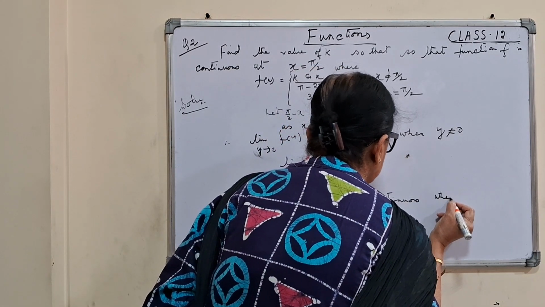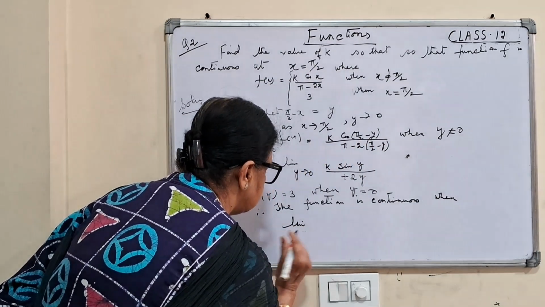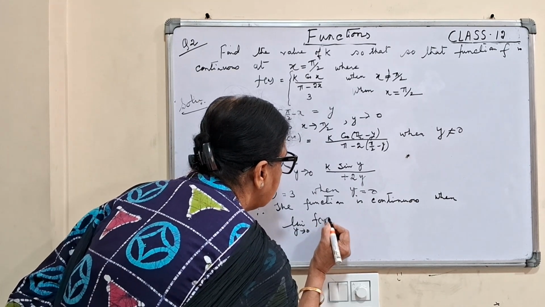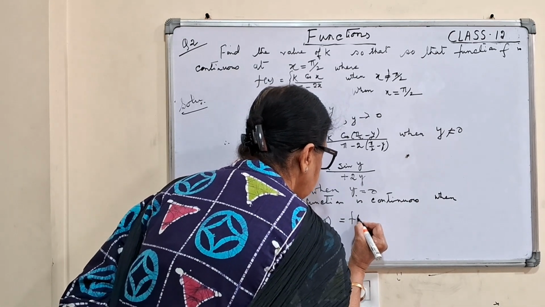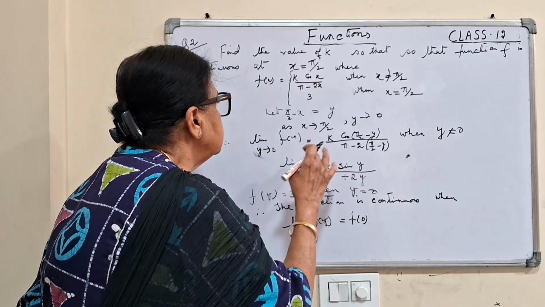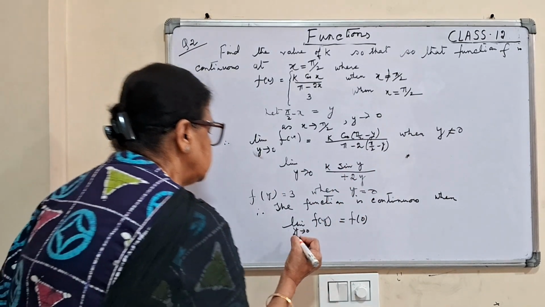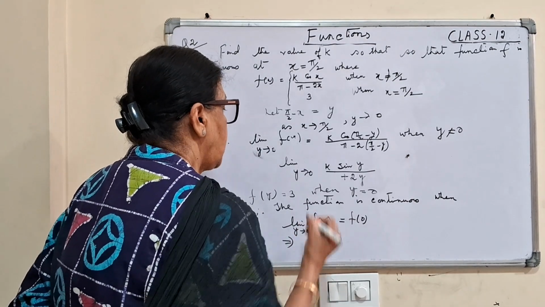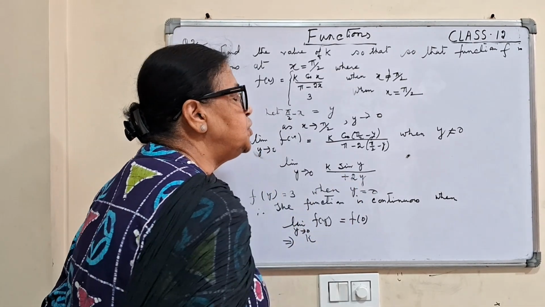when the limit as y tends to 0 of f(y) is equal to f(0). Now f(0) remains 3 only, there is no change. So now this implies k sin y by 2y.